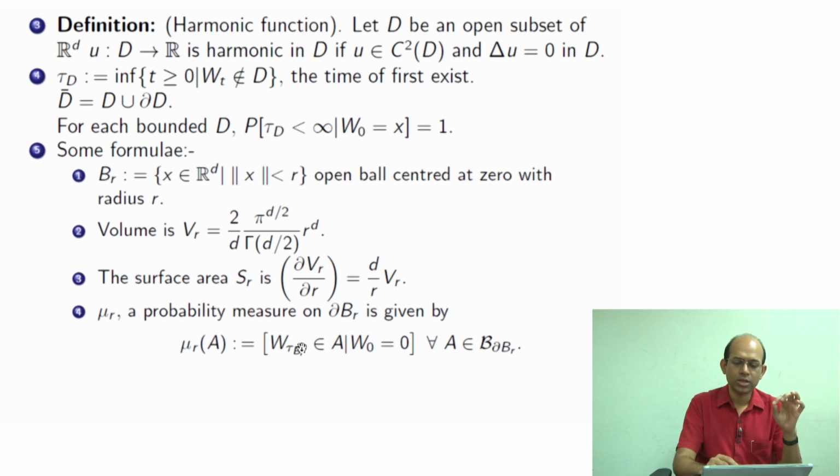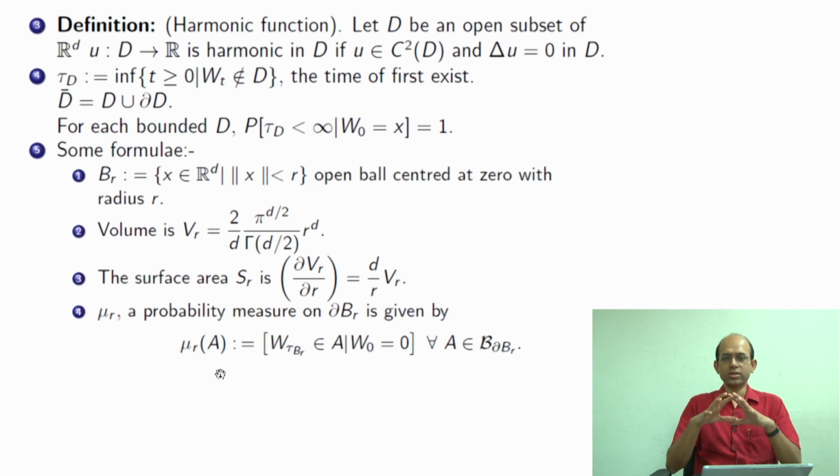So we are going to compute the probability that this point of Brownian motion, which can exit B_R in various different parts of the boundary of the ball, is found in the set A. That probability is going to give a number, and that number we are going to call mu r of A, the measure of the set A. So that is the definition of mu r.